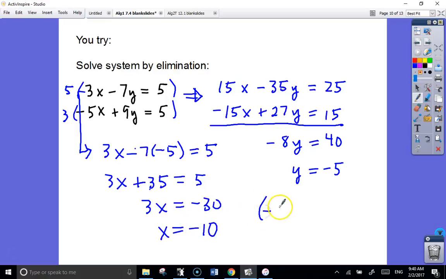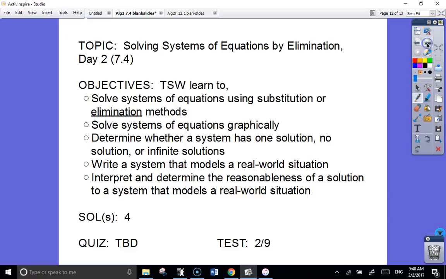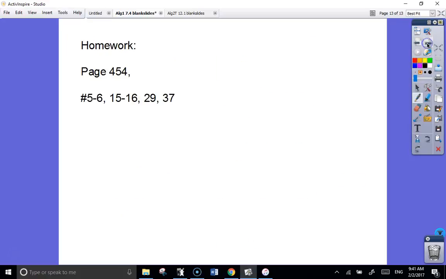So the answer is negative 10, negative 5. Okay. I'm going to skip over that and just say that's homework. But we're going to skip 37.